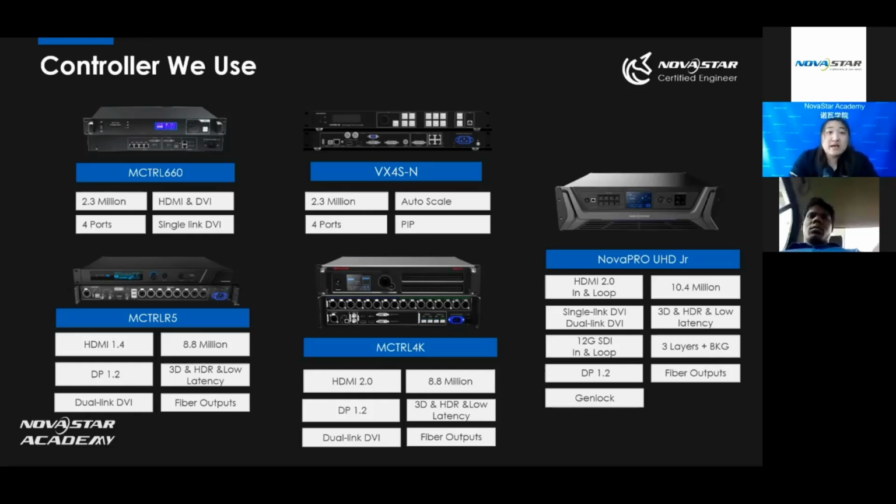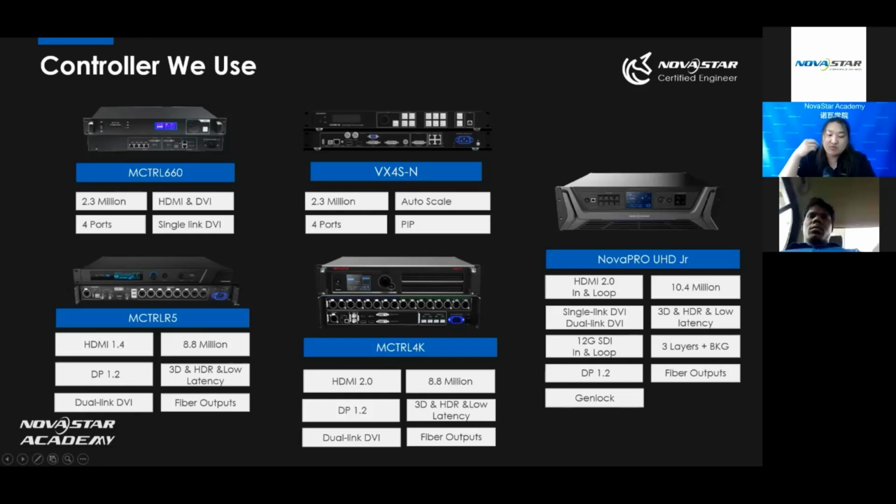And let's say the next device here, the MCTRL 4K, it's actually a high-end pure sending card, because it integrates HDMI 2.0 and DP 1.2, which are all for the real 4K resolution. And also they have 2 dual link DVI.